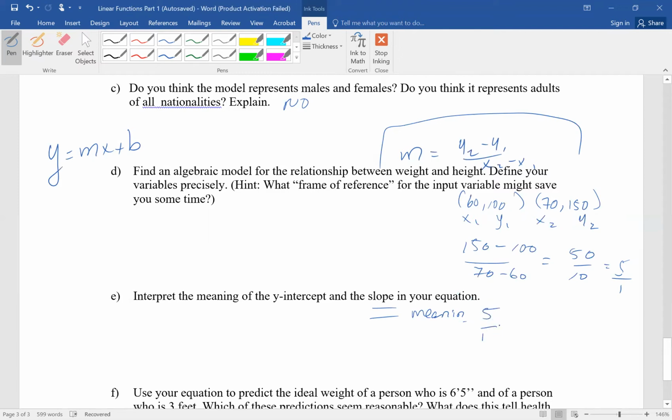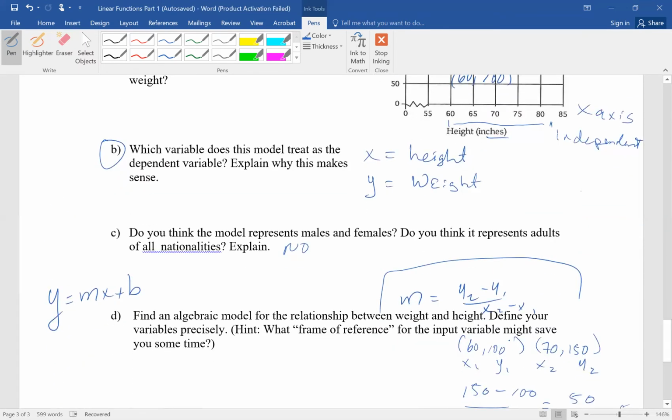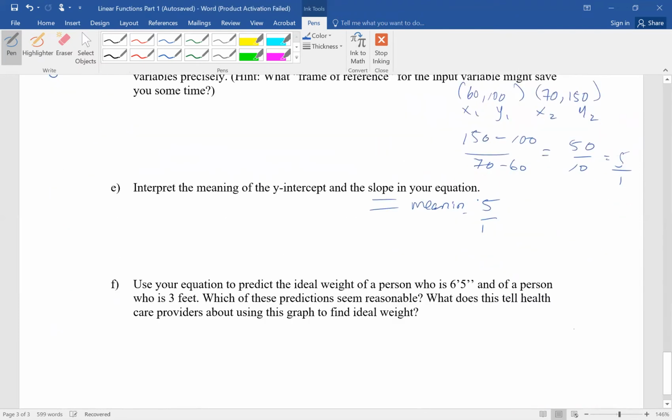You guys remember what 5 was? So let's go ahead and look. 5, now look at, here's height and weight. So y was the weight, and it's positive. So this means a person is going to gain 5 pounds for every inch on average. So there's the meaning.